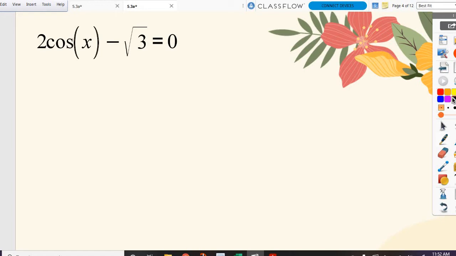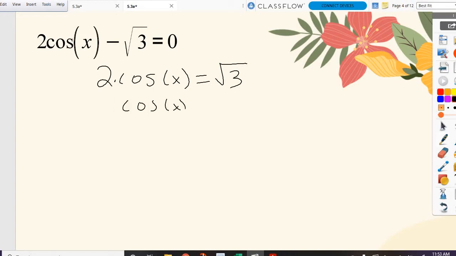You add square root of 3. Agreed. So we're going to add square root of 3 to both sides. So then we have a times 2 on the outside. So how do we undo multiplying by 2? Divide by 2. So we end up with cosine of x equals the square root of 3 over 2.